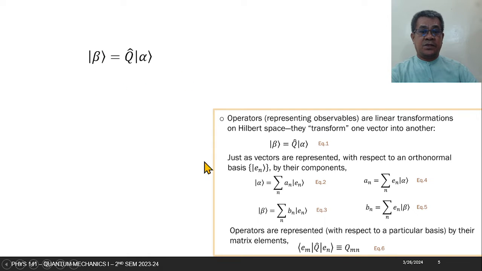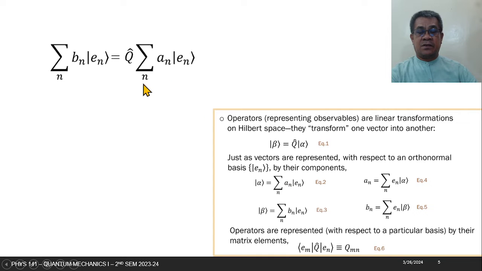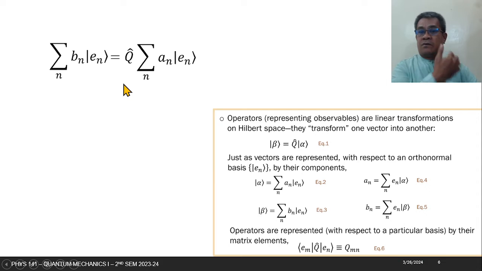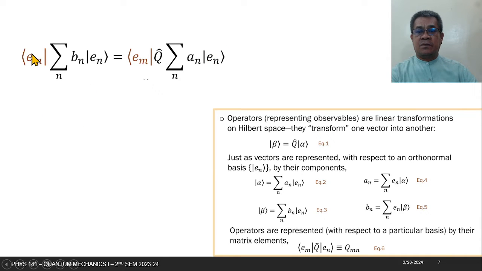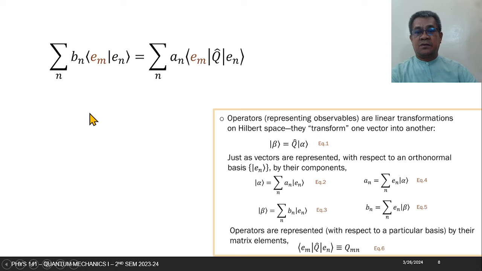If we substitute beta with this value in our equation 3, and also alpha replaced with this result, remember that if we multiply both sides by e_m conjugate, then the result will be this one, which means that we can absorb this here and also e_m inside the summation.